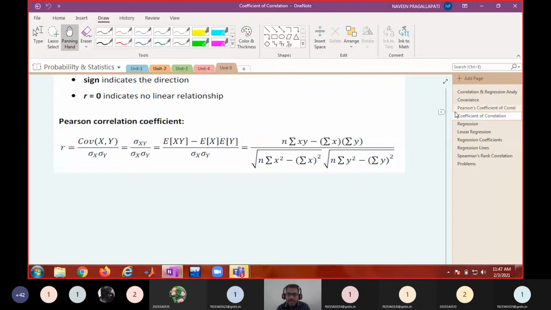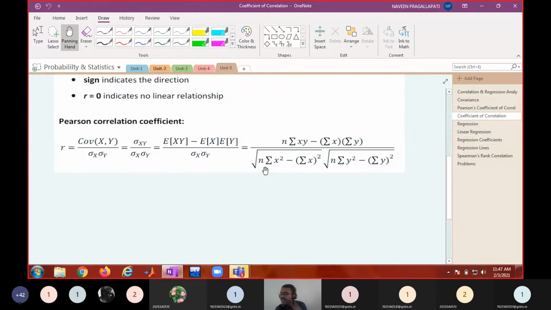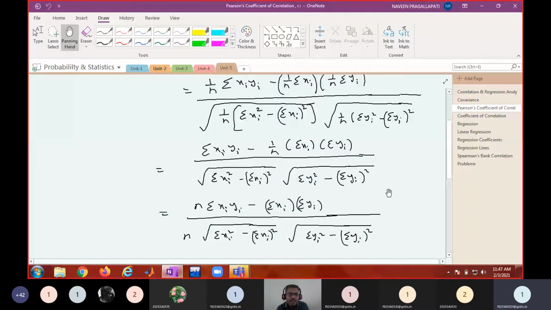Okay, thank you. I'm asking whether we derived like this. Are these two the same or not? Here sigma x square is multiplied, n is multiplied only to sigma x square, no? Sir, yesterday for sigma x by n whole square, you took 1 by n common. We'll have one more n there, sir.